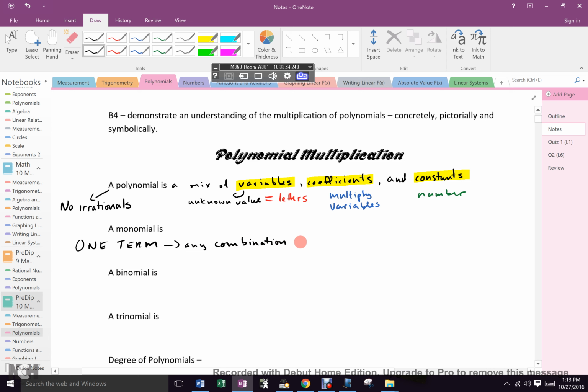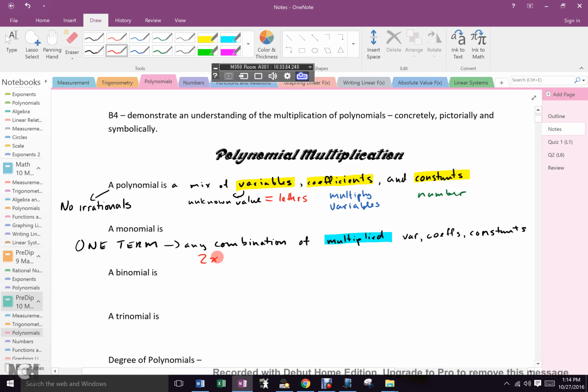Any combination of multiplied variables, coefficients, or constants. Please highlight and understand multiplied. So the key is multiplied, and this sometimes messes kids up.